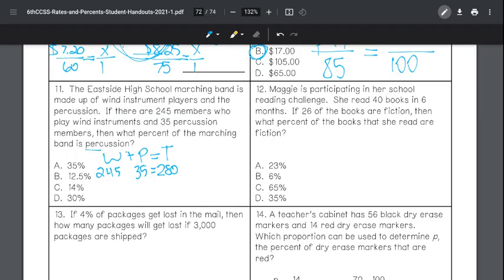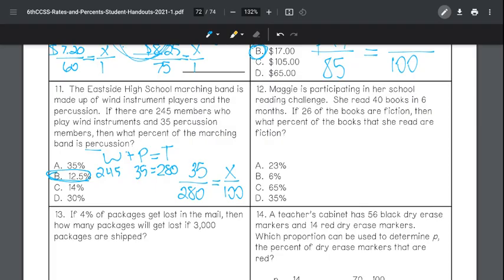So to figure out what percent is percussion, I have to do 35 members out of the 280 in total equals what percent over 100. So when you cross multiply and divide, you get 12.5% of the band is percussion.